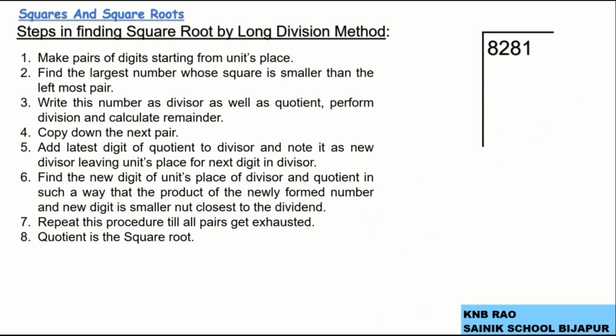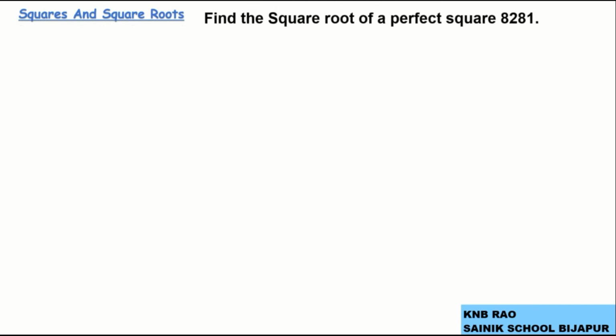Let us continue finding square root of a number by long division method. Students, here again I am taking the same number 8281, which is a perfect square. For that we will find square root by long division method.